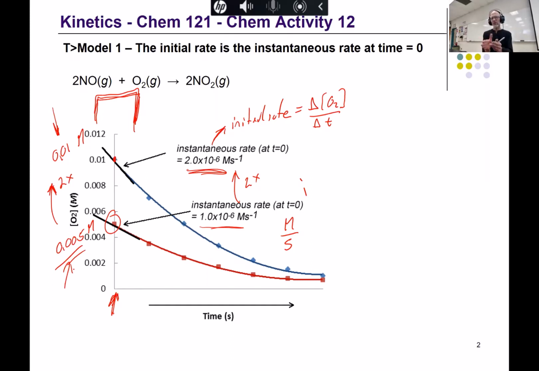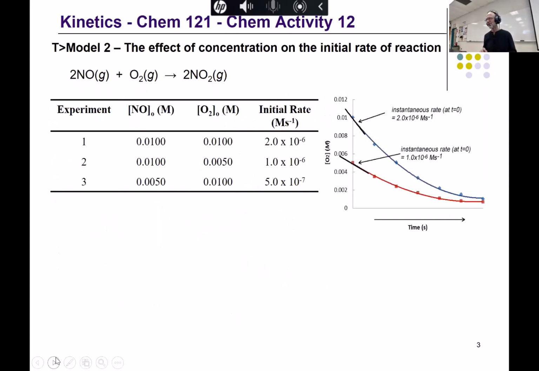Now, usually we don't present the information in a graph like this. Usually what we do is we present it in a table as such. So just below in your chem activity, you'll see the corresponding table, and you'll see that 3 different experiments are represented. Now, actually, this graph that is at the top of the page, and I've just put to the side here, actually represents 2 experiments.